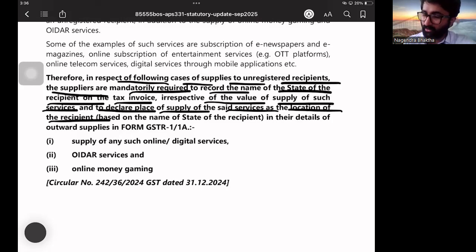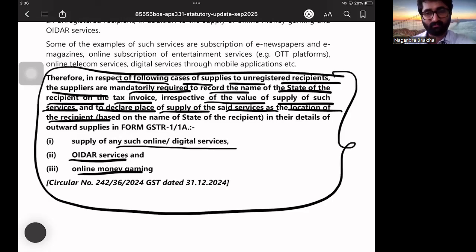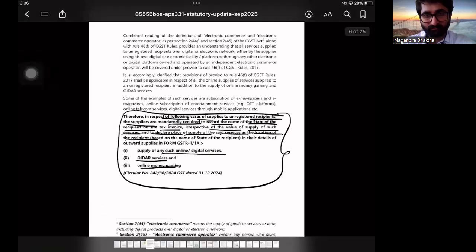Clear? This is applicable for supply of any such online digital services, OIDR services, online money gaming. This is the amendment in place of supply. You have to remember this.